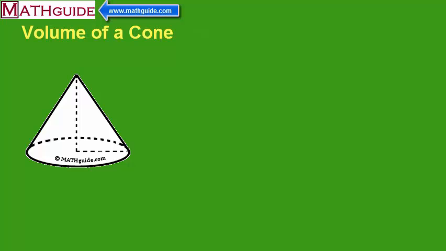Today we're going to talk about the volume of a cone. So we have a cone here, and the cone has dimensions that are important for calculating volume, and this is usually the information that's given when you have to do a problem.